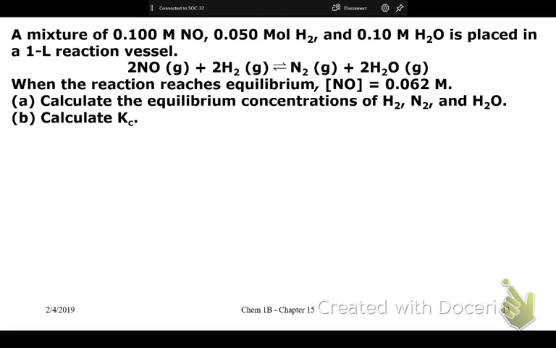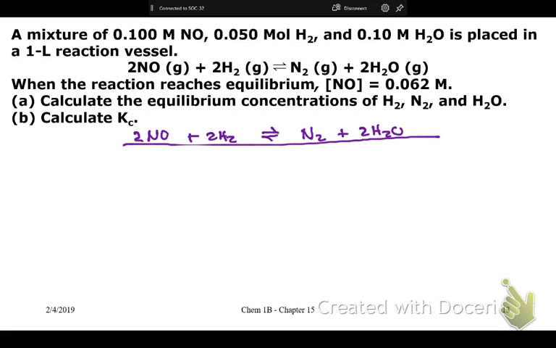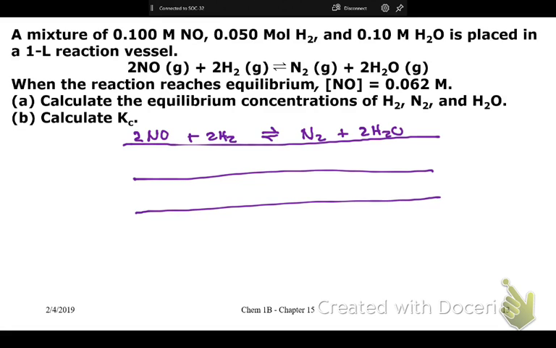So I was bad. I didn't write my table right underneath because I'm still rewriting my slides. I make a table like this. And I put NO at the top, plus 2H2. My reaction arrow, equilibrium. I have N2 and I have 2H2O. And then I'm going to make 3 lines underneath like this. The one right underneath and then 2 more.